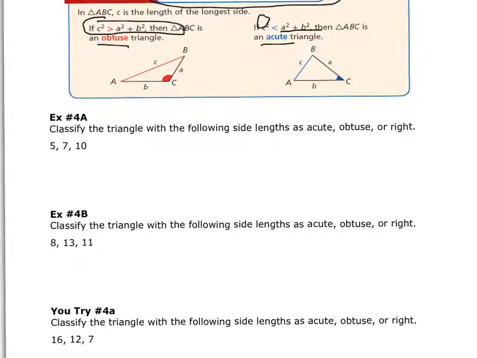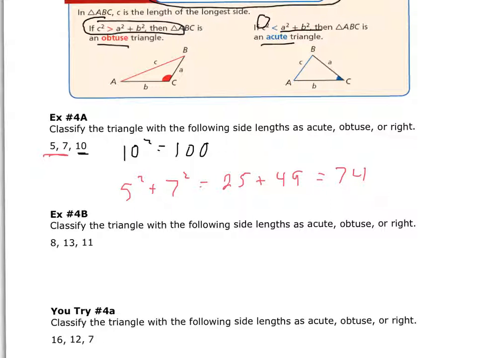This first one says classify the triangle with the following side lengths as acute, obtuse, or right. Now we know that the hypotenuse is going to be your longest side, so we know that 10 squared is 100, and we have to take the sum of these two squared. So we have 5 squared plus 7 squared, so 5 squared is 25, 7 squared is 49, so if we add those up, you're going to end up getting 74.